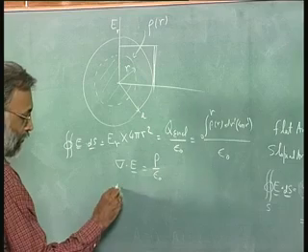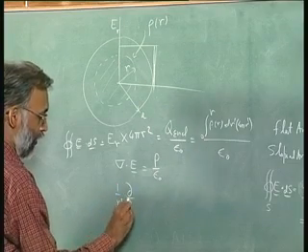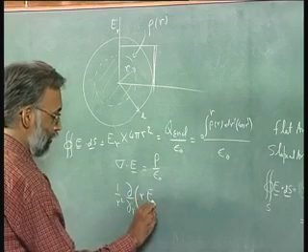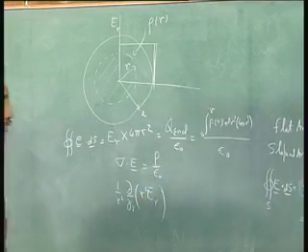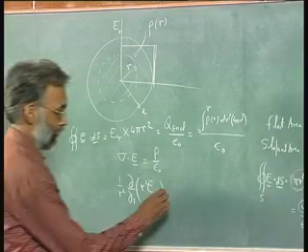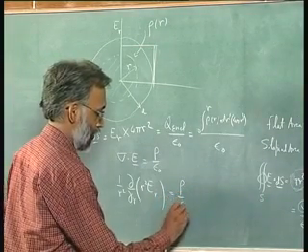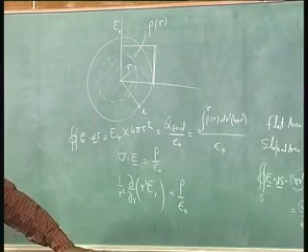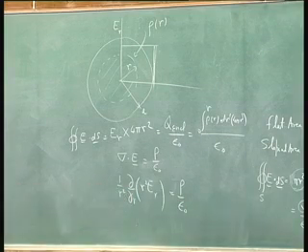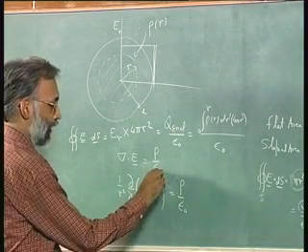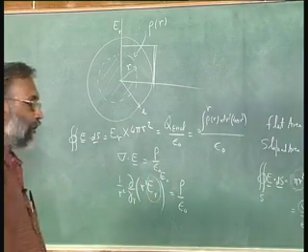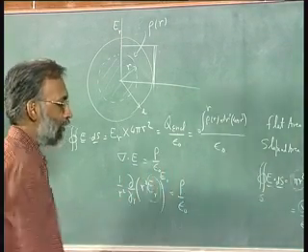For spherical coordinates, this is what the equation becomes, and all you have to do is to differentiate, because E r is nothing but a constant E naught. So, substituting in, we can easily obtain rho.